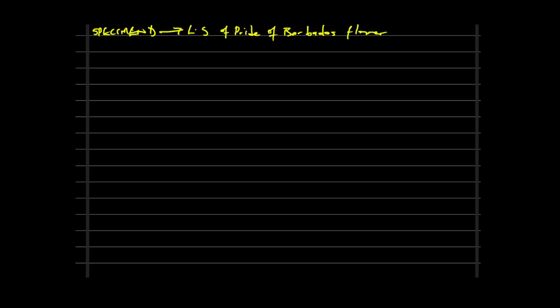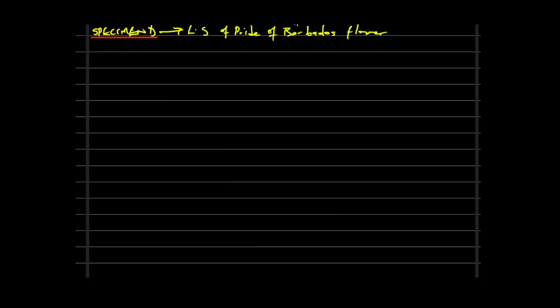The longitudinal section of that particular plant is what our specimen D is. So we will quickly be taking that now. So what do we have for the longitudinal section of the ovary of the pride of Barbados.